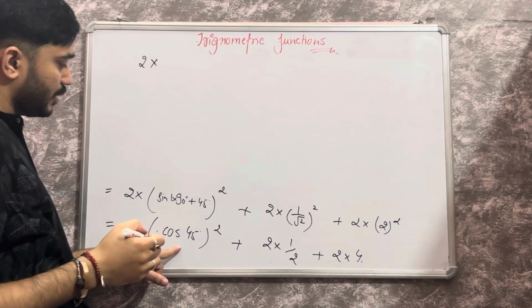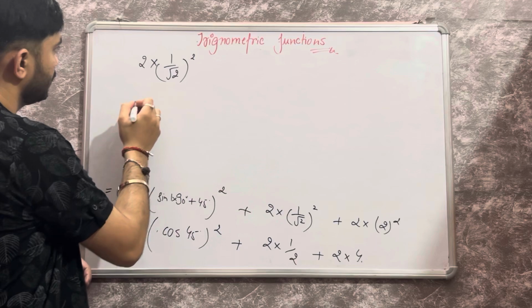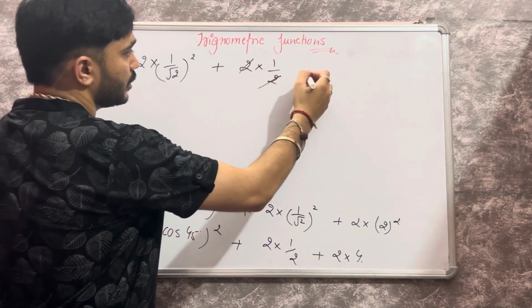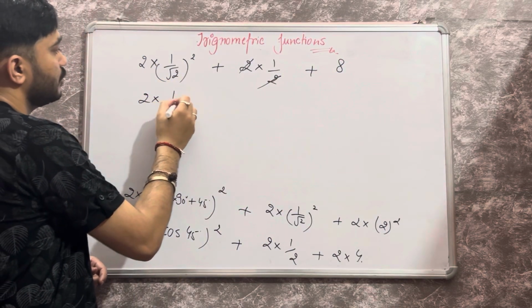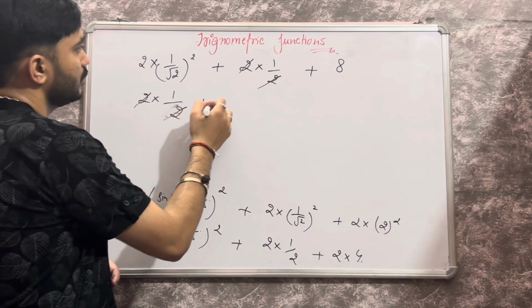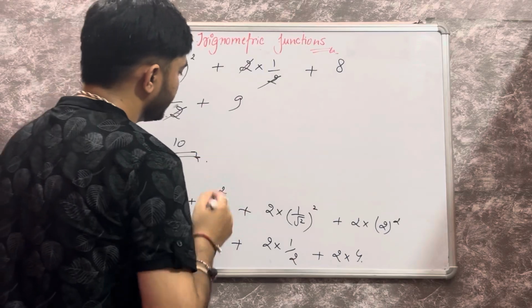Cos 45 value is 1 by under root 2 square plus 2 into 1 by 2. 2 and 2 got cancelled out, and 2 into 4 is 8. 2 into 1 square is 1, under root 2 square is 2. 2 and 2 got cancelled out. 1 plus 8 is 9 and 1 plus 9 is 10. So the answer will be 10. Any doubts?